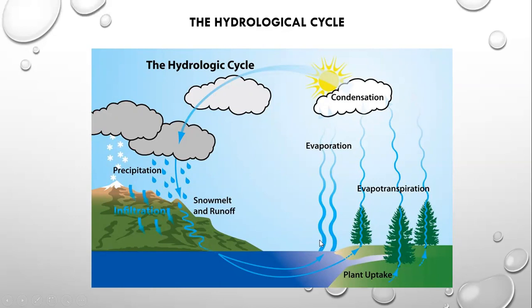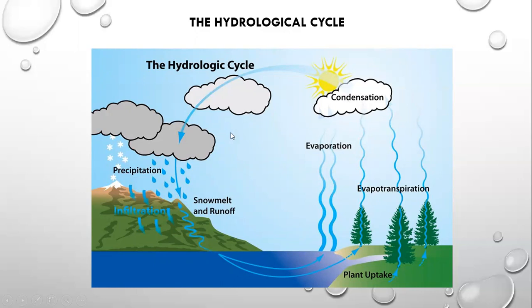So water will move from the water body through the process of evaporation and go into the atmosphere, and also from the plants through the process of transpiration and go into the atmosphere. When this water goes into the atmosphere in form of water vapor, it condenses or it solidifies to form what we call clouds.